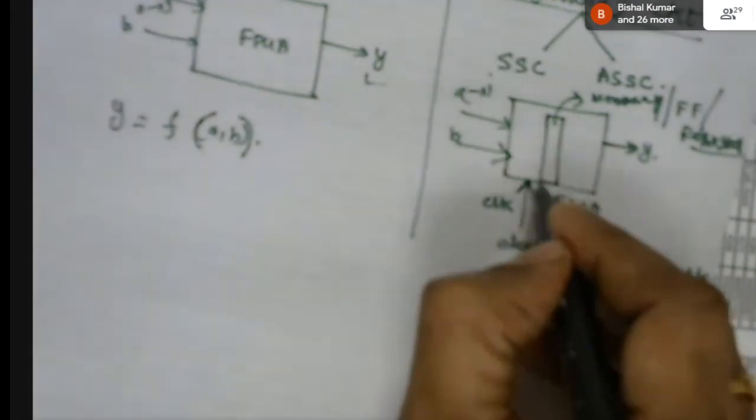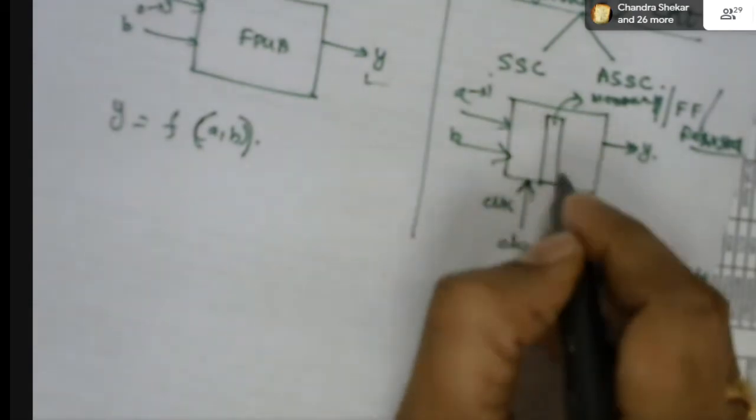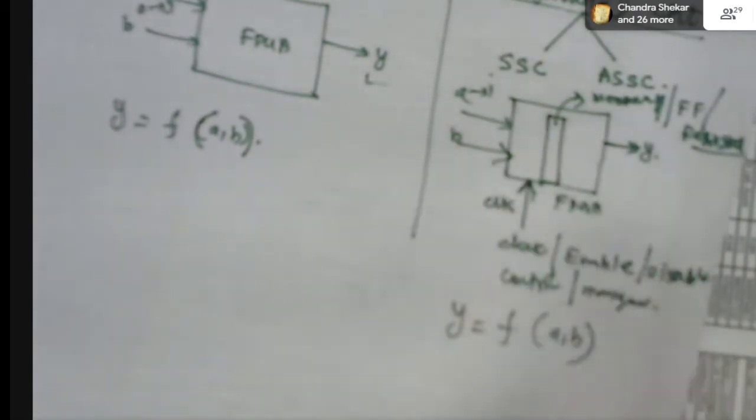Now look here, in between we are going to introduce one section that we call the memory unit. Again, the memory unit consists of combinational circuits only, because a flip-flop is built by AND gates, OR gates only, or by NAND gates only. But the way we wire the NAND gates will lead to the memory device.